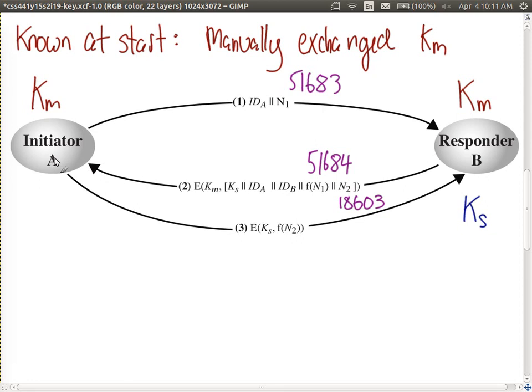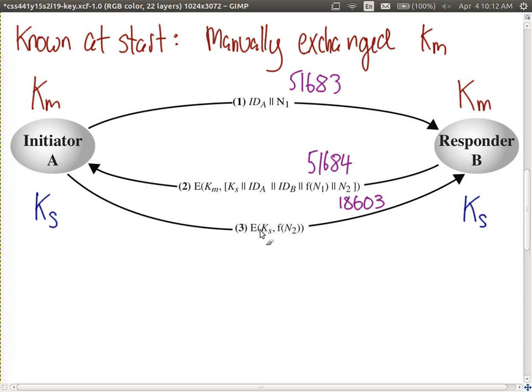A receives the second packet, A has KM, it decrypts the second packet, and it learns KS. We know the session key, we've achieved our aim, but again, we do a final check or a final confirmation with this third message, again to prevent replay attacks.